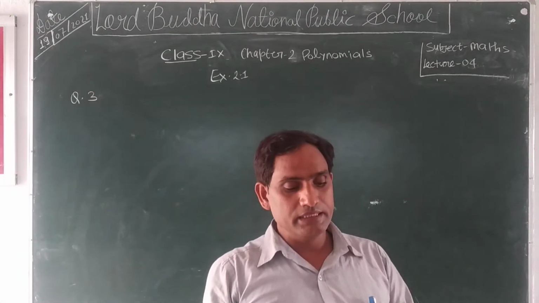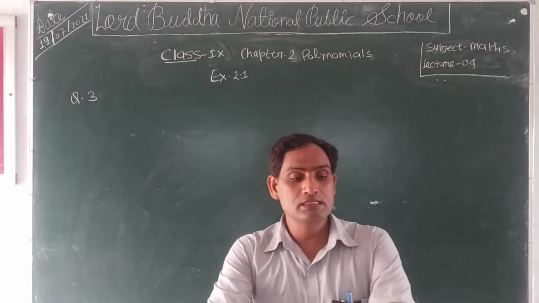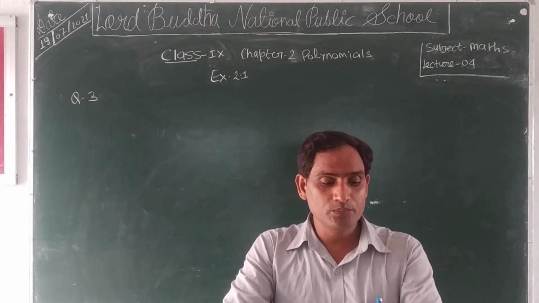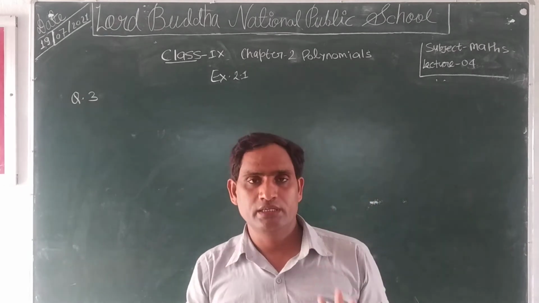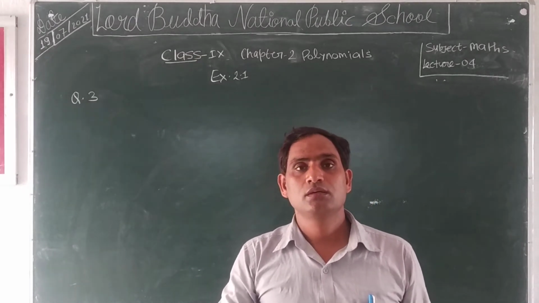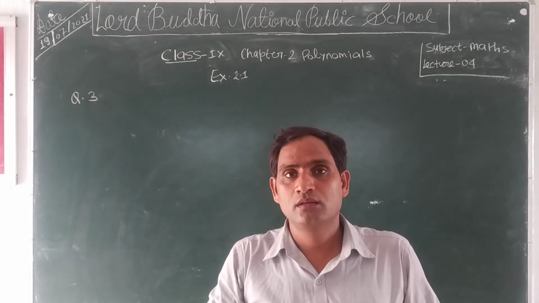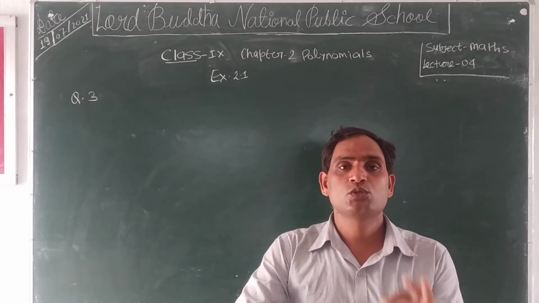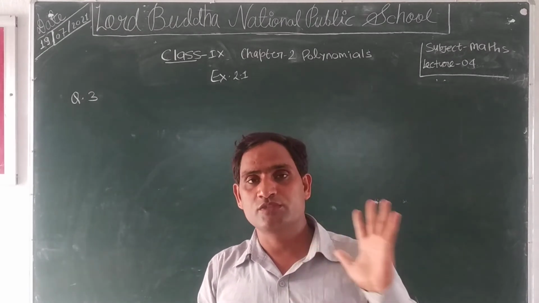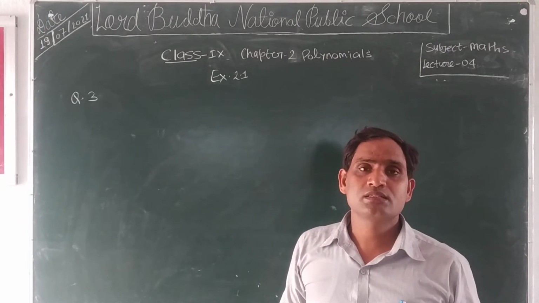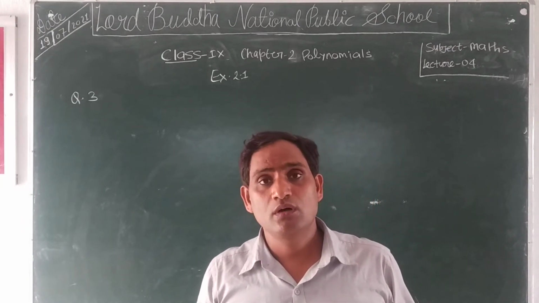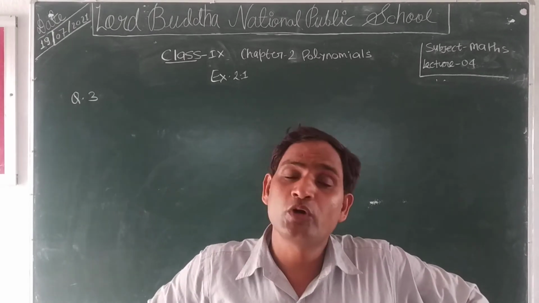Question number 3 is: give one example each of a binomial of degree 35. Binomial means a polynomial which has two non-zero terms. Clear? The degree means the highest power of variable in a given polynomial.